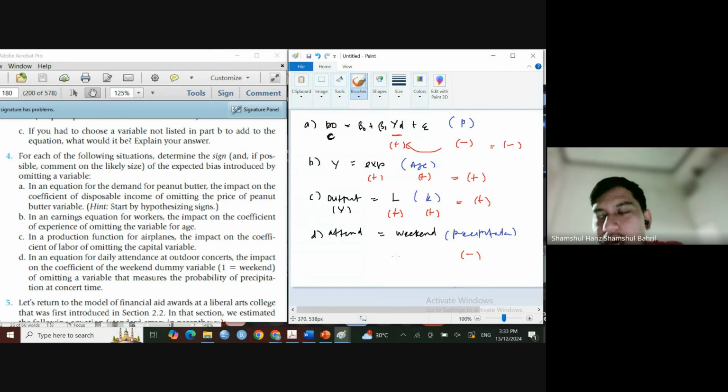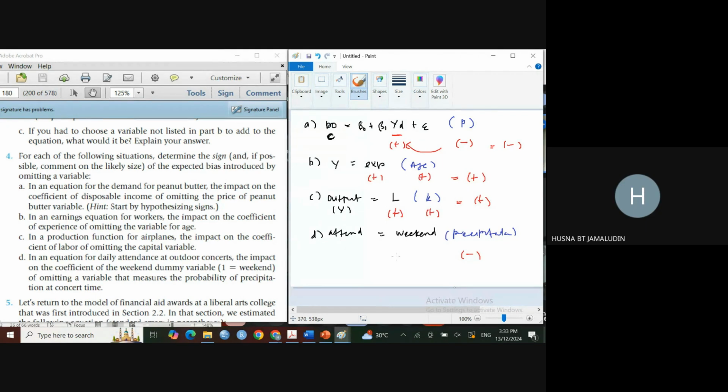But if it is a weekend, many more people will attend, right? Because it's not a working day. Yes, many people will attend, but it's not really common that concerts are conducted only on weekends. It can be conducted anytime, right? It's not necessary that the weekend will affect the attendance.